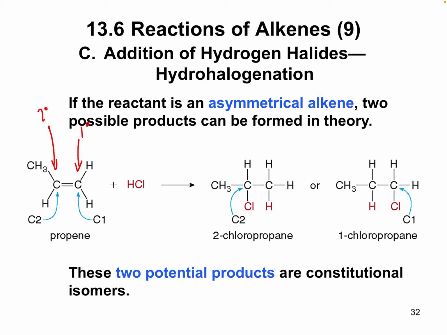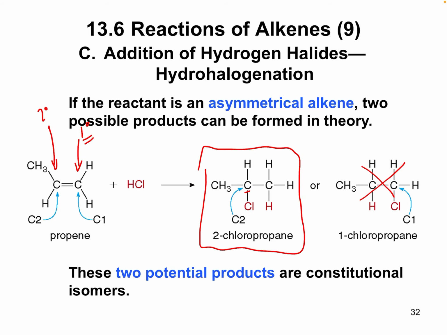It turns out that when we have to add the hydrogen and the halogen to two carbons that are different from one another, the hydrogen always ends up on the less substituted carbon in these reactions. So the hydrogen ends up on the primary position, and the chlorine ends up on the secondary position. In other words, this is the correct product out of the two products here. So we don't see very much, if at all, any of that 1-chloropropane.